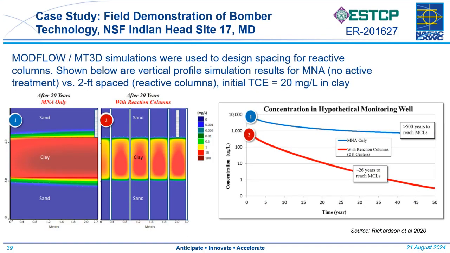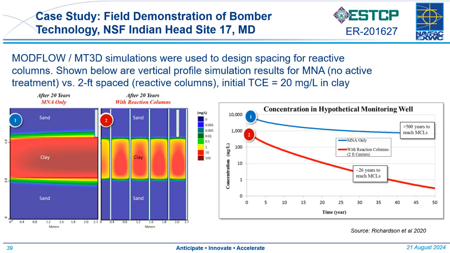GSI did some modeling with MODFLOW and MT3D to evaluate how this technology could perform in a model system. The model system shown on the left is a clay that consists of, say, 20 milligrams per liter of chlorinated solvents, with a sand above it and a sand below it.